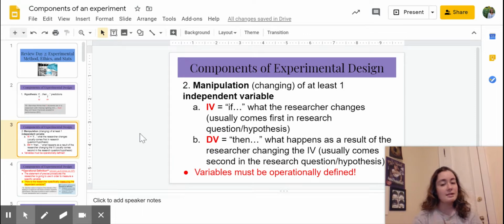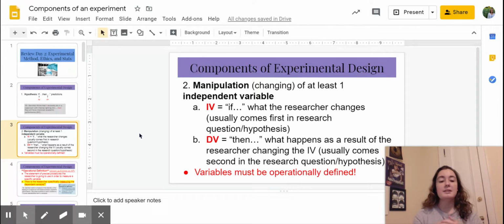And with this, variables need to be operationally defined. And we said that it's very important to have operational definitions of variables because think back to my peanut butter and jelly demonstration. If you weren't specific and precise in writing out those instructions, it's going to be impossible to replicate your peanut butter and jelly sandwich, or your research study if someone else were to do it.